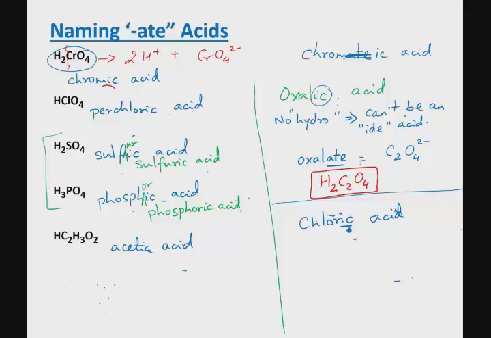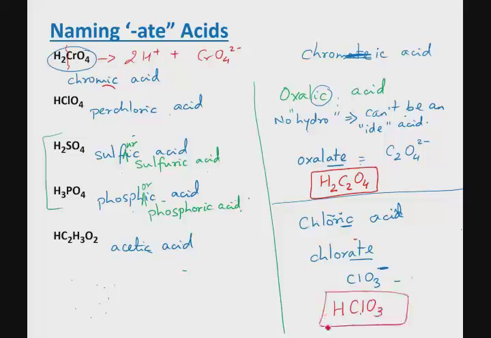That means the anion is chlorate. Chlorate is ClO3 minus. So the chloric acid therefore will be HClO3.